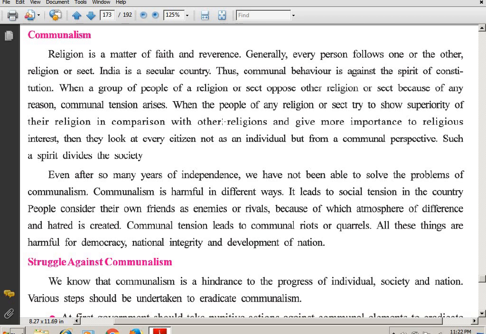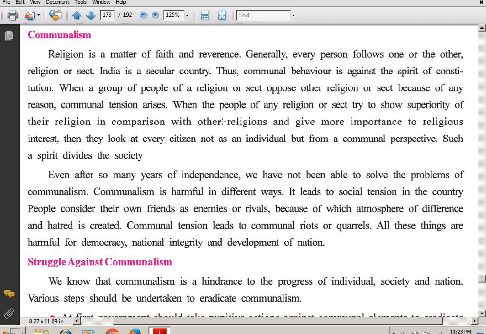So students, what is that? Even after so many years of independence, we are not able to solve the problem of communalism, which is very harmful in different ways. Communalism leads to social tension in the country. People consider their best friends as their own enemies, and rivalry starts among themselves, which spoils the atmosphere, and you can see the indifference as well as the hatred created among them.